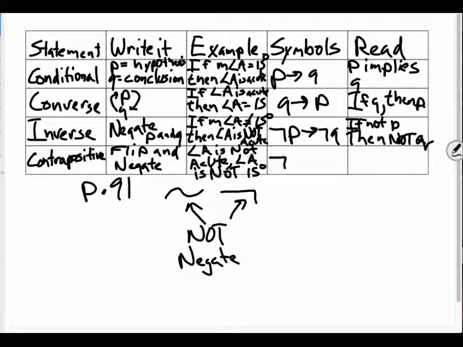And so that would be not Q implies not P. And this would be if not Q, then not P. Okay?